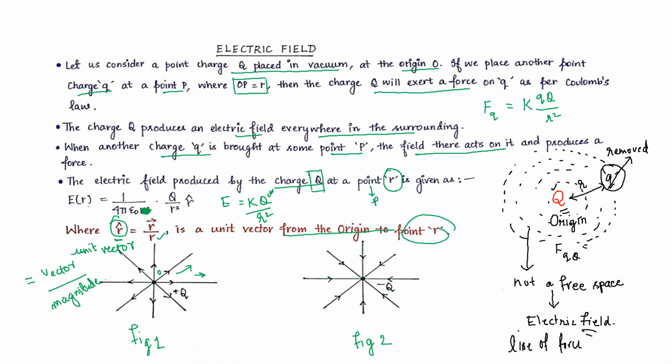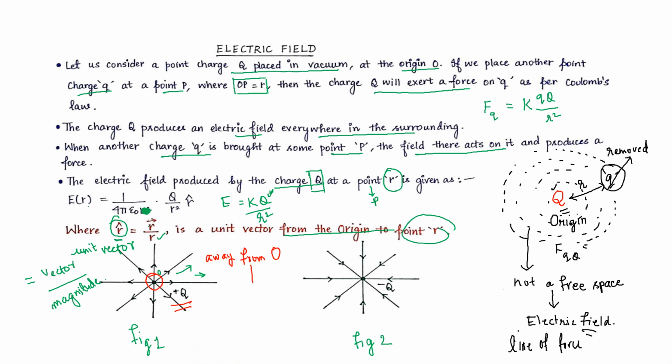So which kind of charge have we placed at the origin? Can you see that? It is a positive Q charge. Our charge has positive polarity.